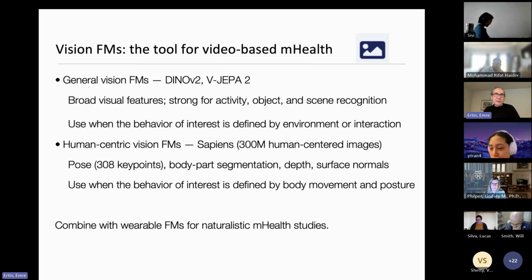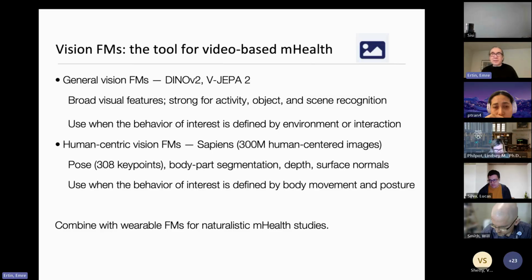Then we have the human-centric Sapiens model, trained on 300 million human-centered images with a pretext task that doesn't require labels.